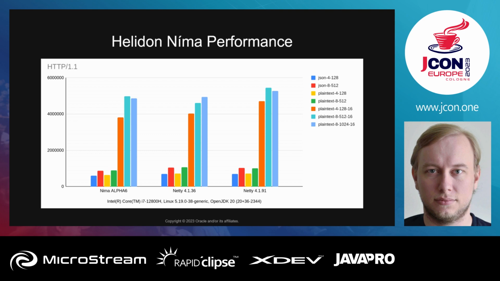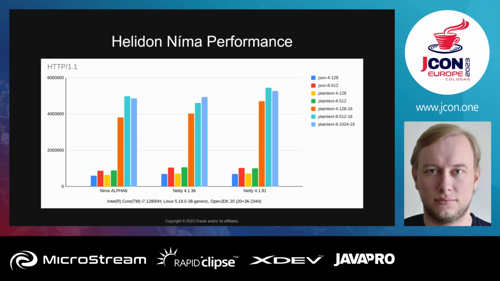Then there are two other columns, the yellow one and the green one, and these two are doing basically the same, but this time we are receiving just a simple plain text response without any JSON handling inside.